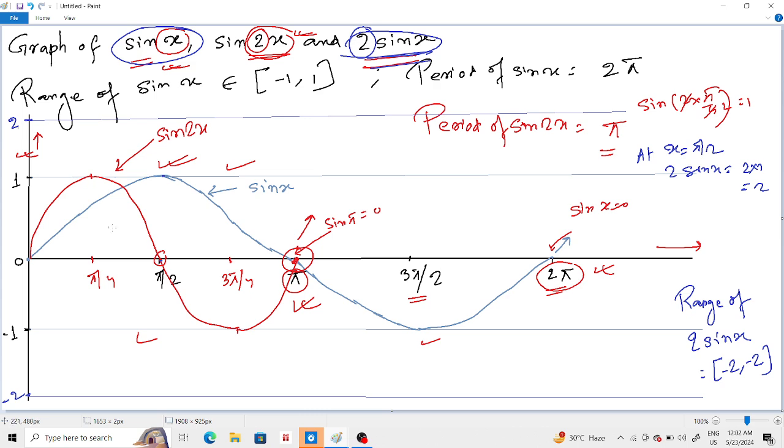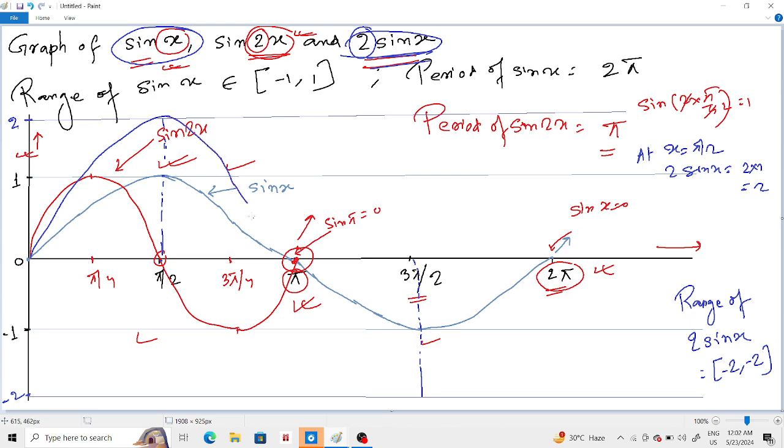Okay, so now we are going to touch the same points. It will be somewhat like this, go like this, and then at pi it is going to cut 0.